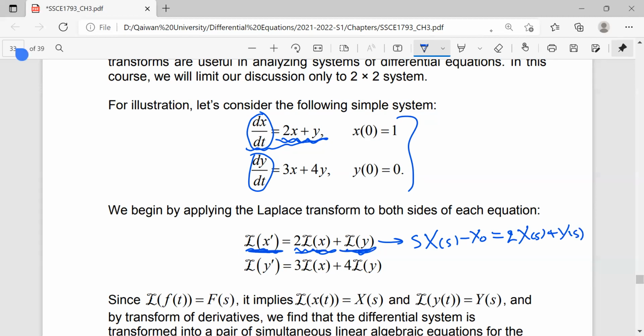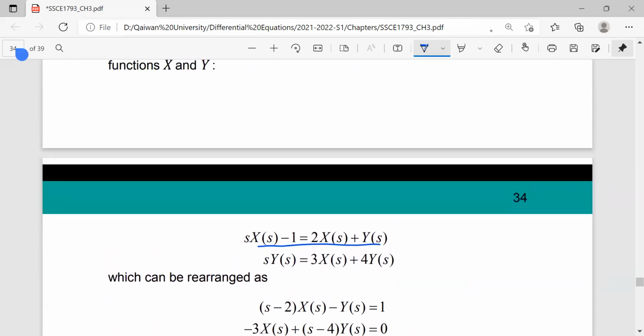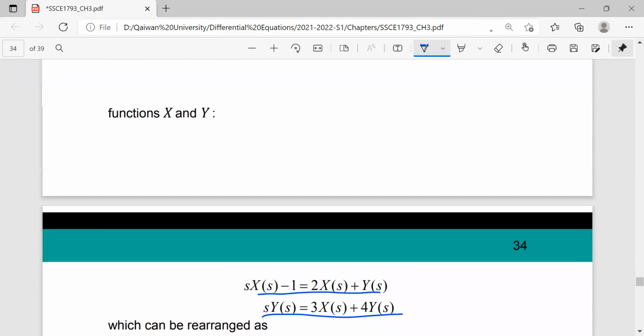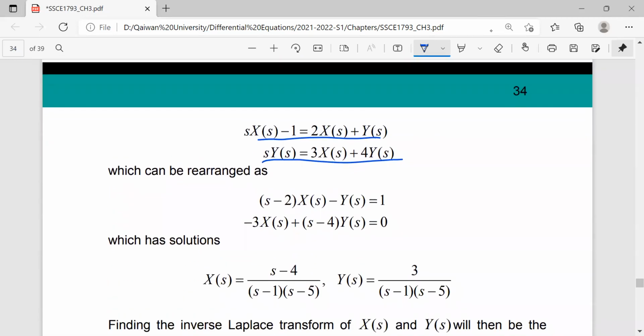This is for the first equation, and we do the same for the second equation, and we get this equation. This is by taking the Laplace transform of each side of the differential equations.